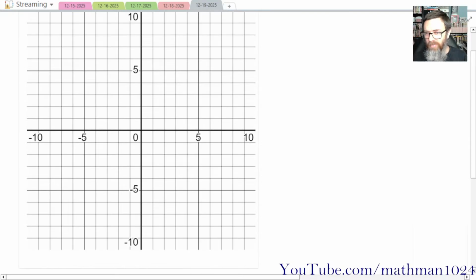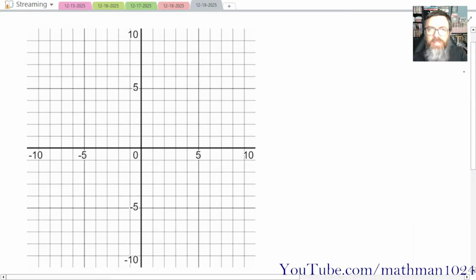All right. So this is the graphing grid that we're going to be working with today. It's a normal graphing grid that goes from -10 to 10 in both the x and the y direction. Just as a reminder, horizontally that's going to be for your x, and vertically that's going to be y.